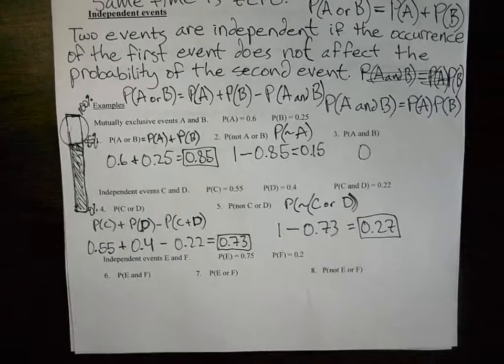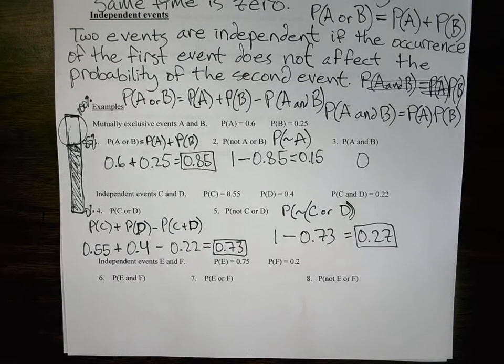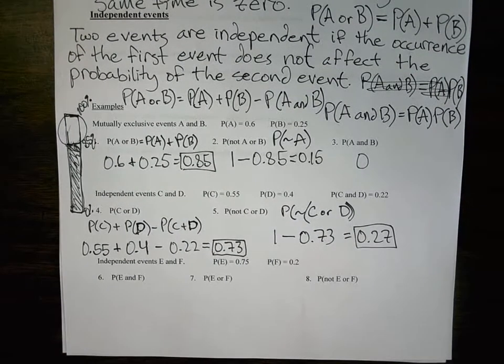Now we have independent events E and F, where the probability of E is 0.75 and the probability of F is 0.2. Then we're asked what the probability of E and F is. They don't give that to us in this case.